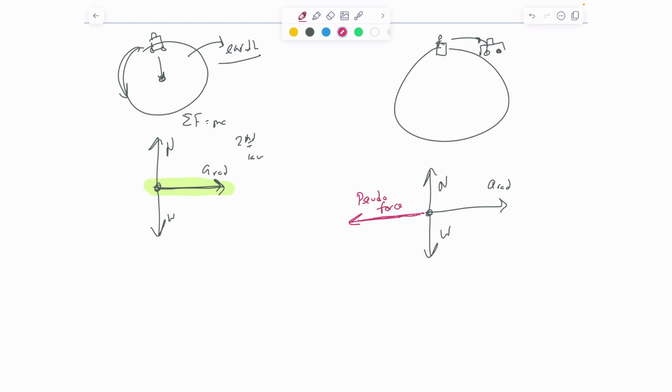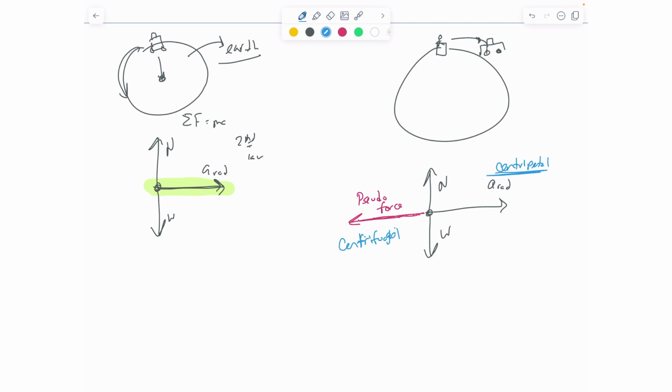So towards the center, this is actually called centripetal acceleration, and this fake force is called centrifugal. Centripetal means center seeking. It's seeking the center, and I'm not actually sure what centrifugal means, but it's the opposite of centripetal.